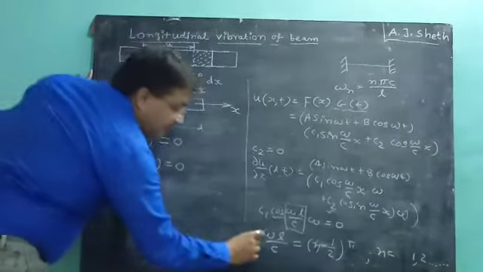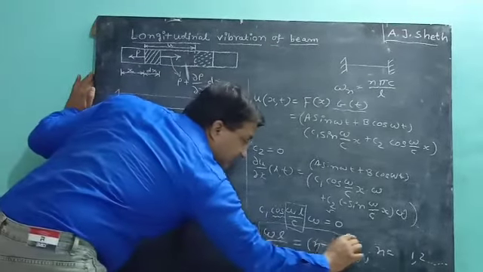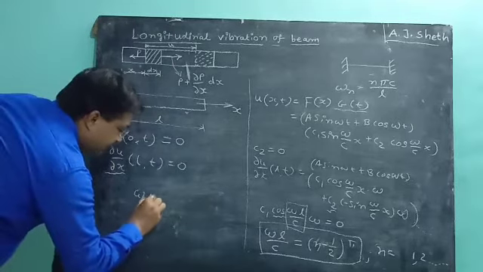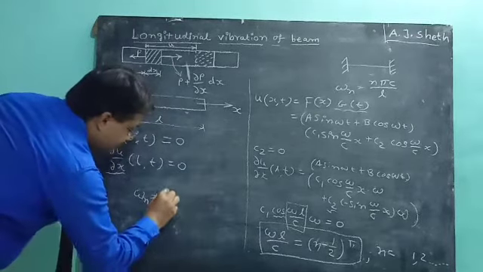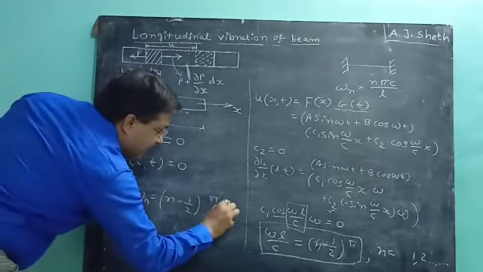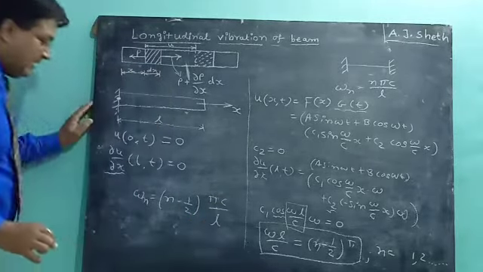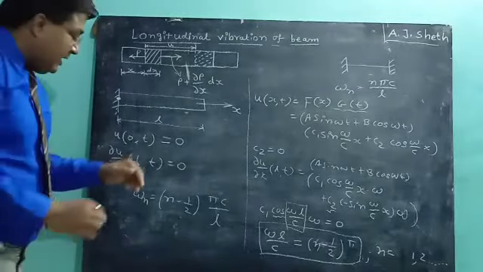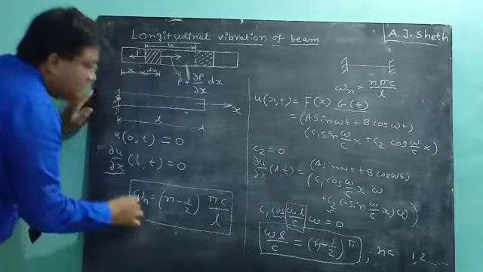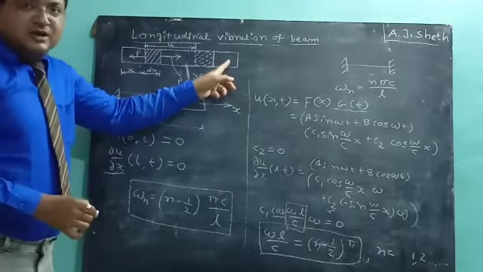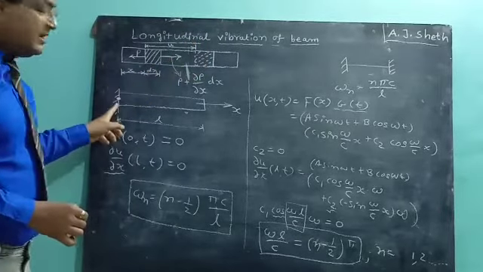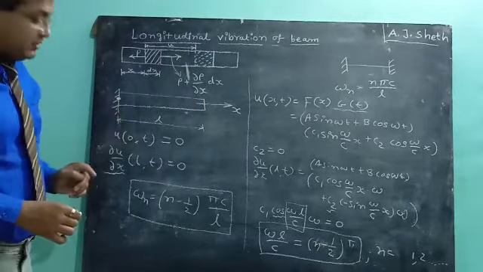So from here, the final answer is: natural frequency is equal to n minus half, pi c upon L. This is the general equation of natural frequency when the beam is under the influence of longitudinal force and one of the ends is fixed, that is the cantilever situation.